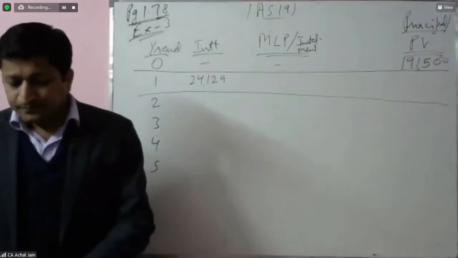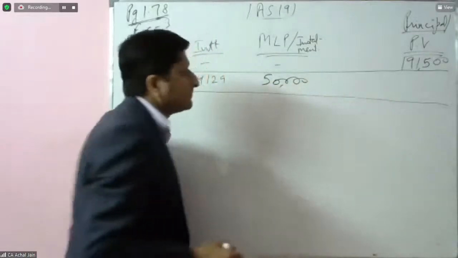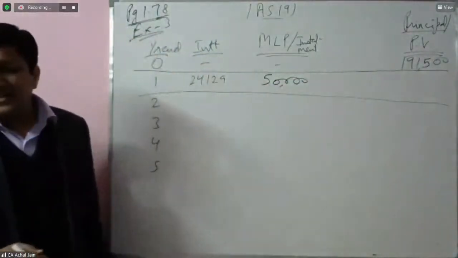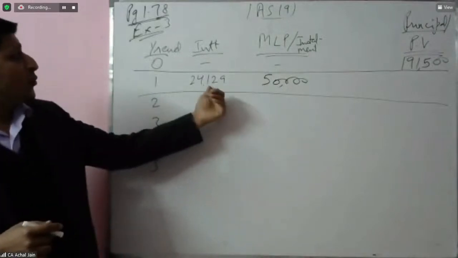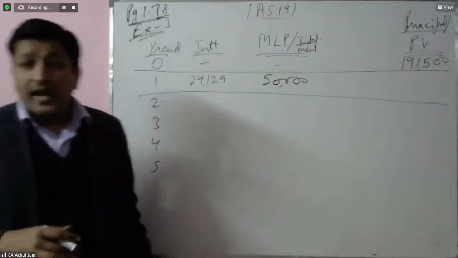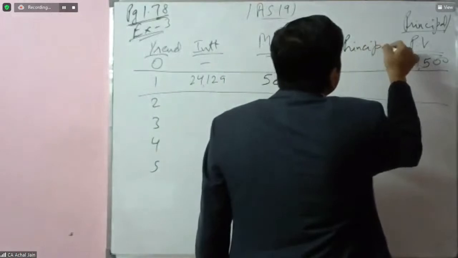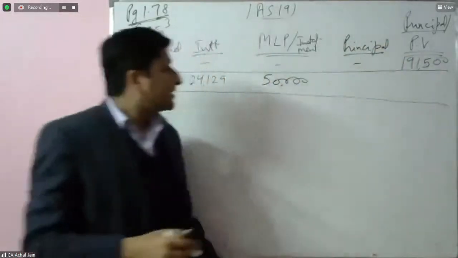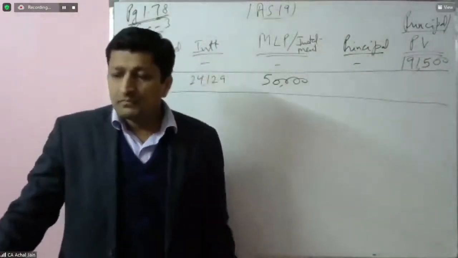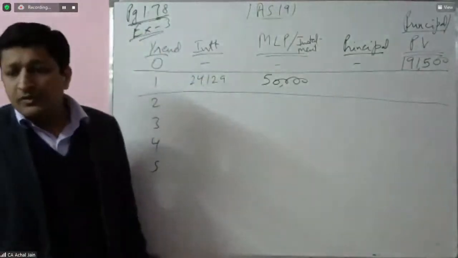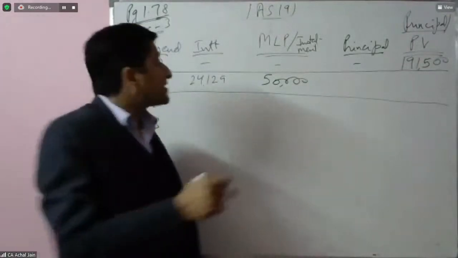So this year, 50,000 has to be paid. When this 50,000 is paid off, it includes this much as the interest, and the balance amount is the principal. So two things get paid: one is the interest of 24,129, and the other amount is principal.